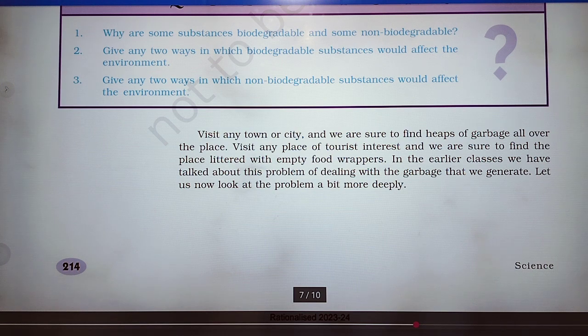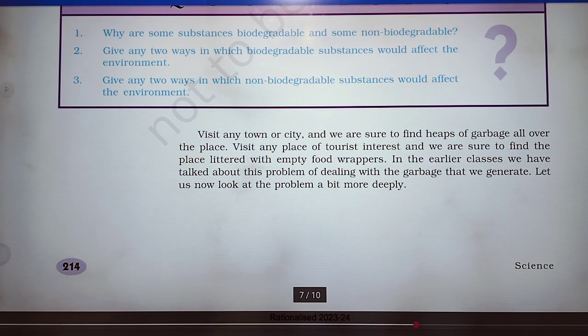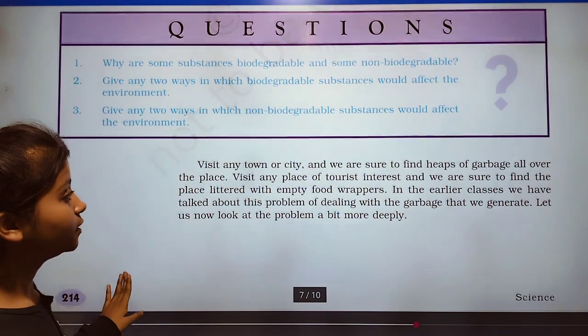The simple thing that everyone knows, but everyone makes silly mistakes, like not putting the garbage into the dustbin. They throw it at the roadside.